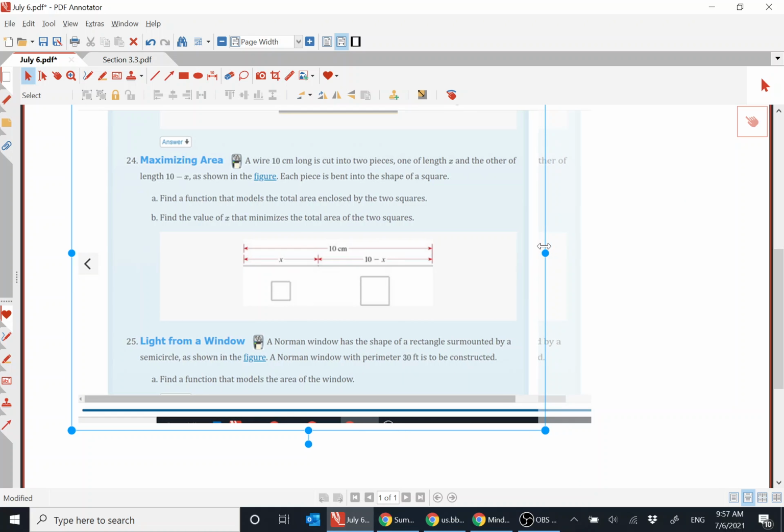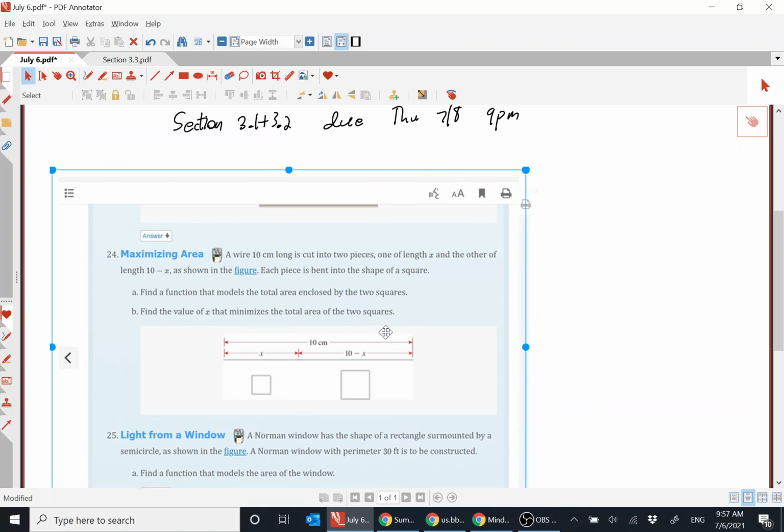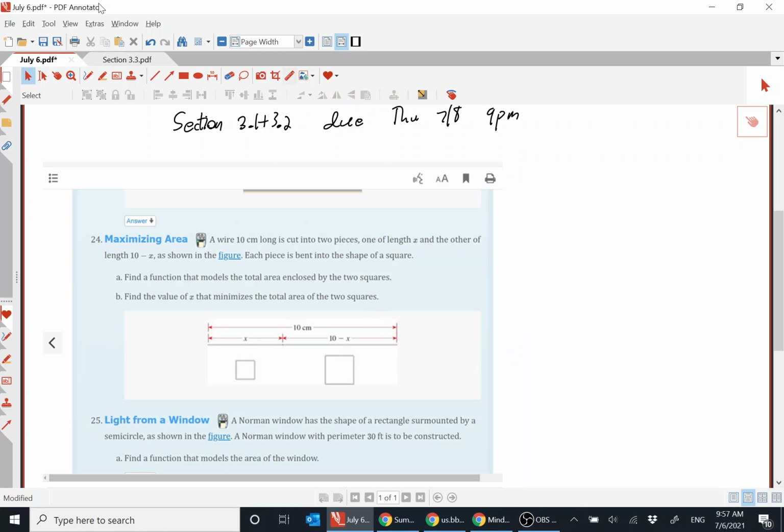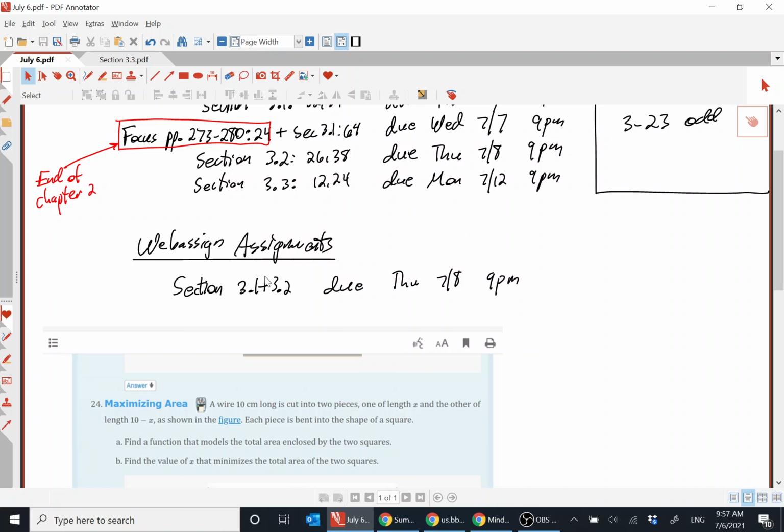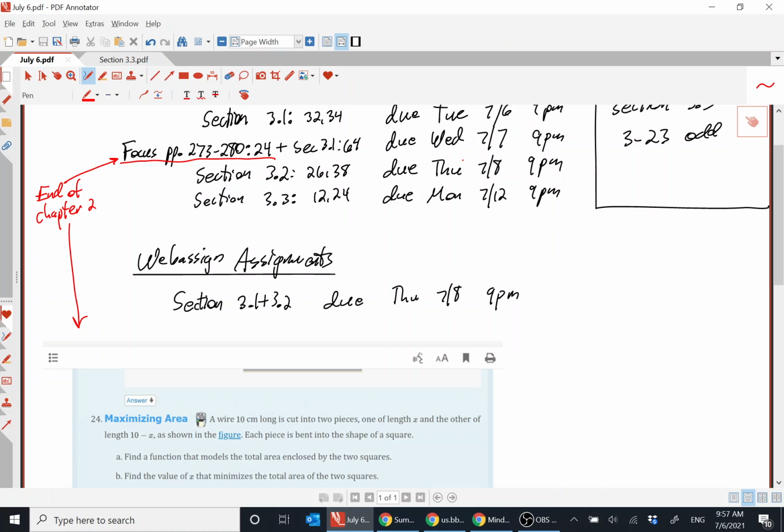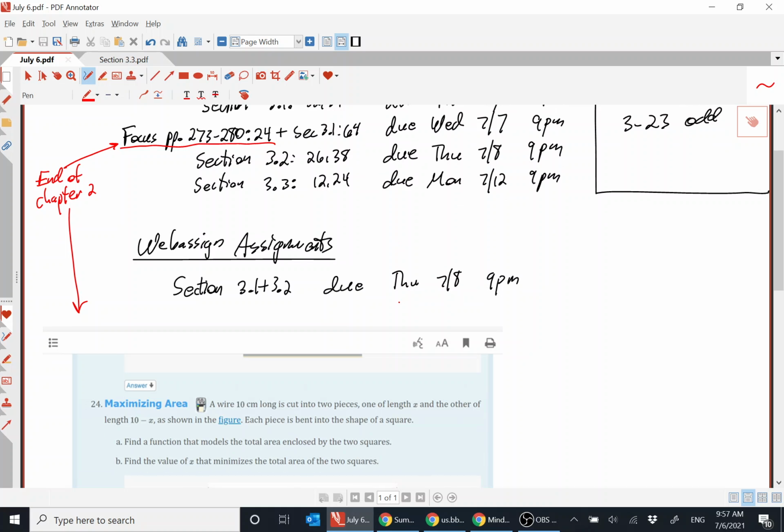So you don't even have to go and look around for it. There's the problem right there. So there's number 24. That's due on Wednesday, tomorrow, and section 3.2 Thursday. All right.